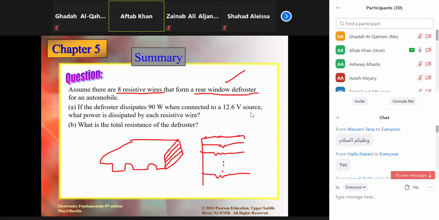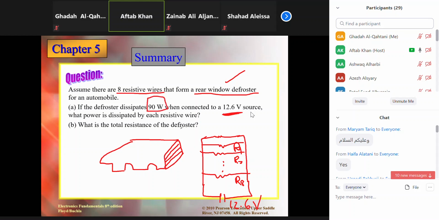And by the way, they are connected in parallel. So this is R1, R2 up to R8, and then we have the power supply connected, and they are saying 12.6 volt is connected.